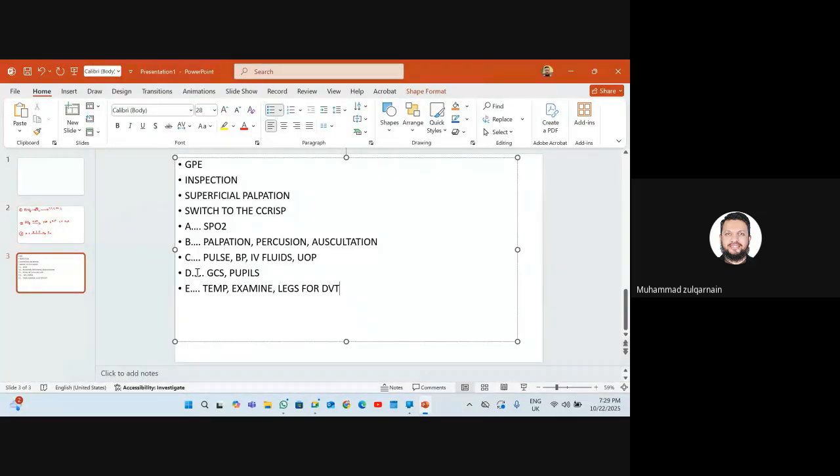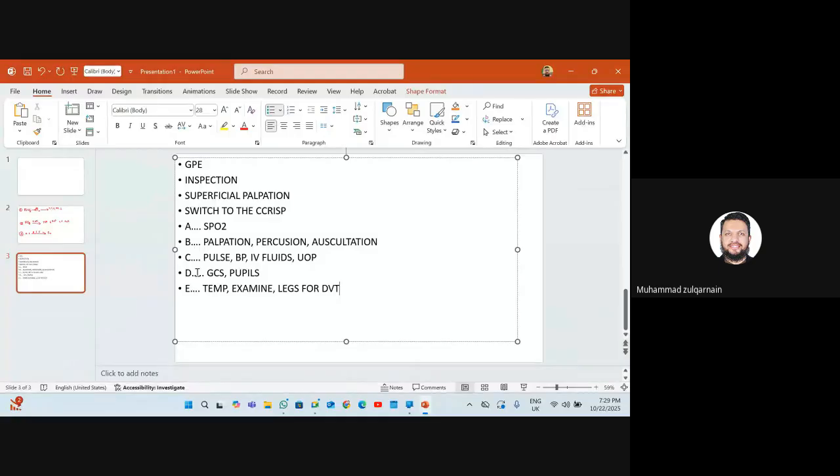Because if you have not seen the chart, it might be that the patient has not received the normal analgesia post-operatively. That is why the patient was in pain. Number one. Number two, might be the patient has not received any fluid that was causing the low blood pressure, high temperature, high tachycardia. So that might be the reason. So that is why you need the chart.